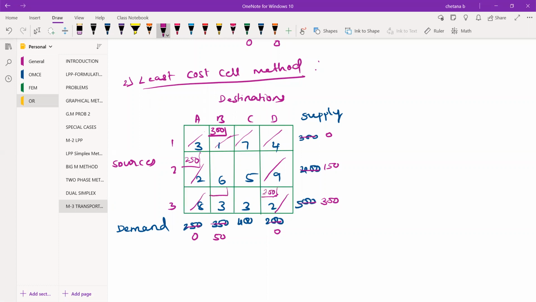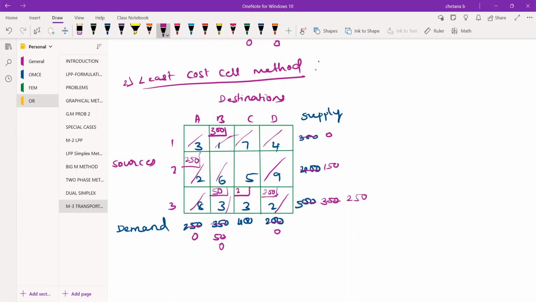So I'll allocate for this 50 and 300. So you need to allocate 50. This will be 0. This is 250. Eliminate this. Out of 5 and 3, which is minimum? 3 only. So 250 and 400.